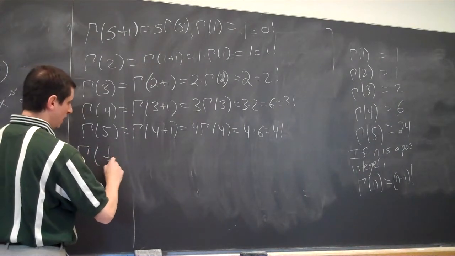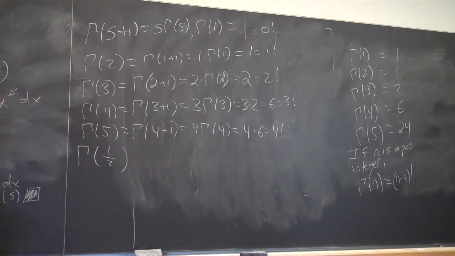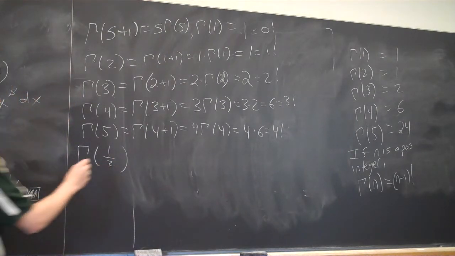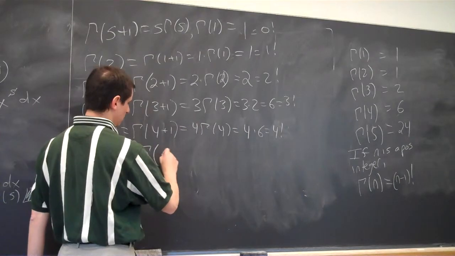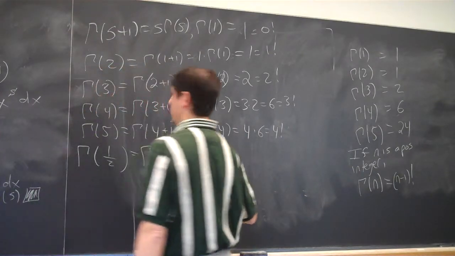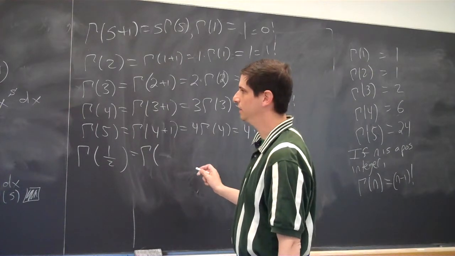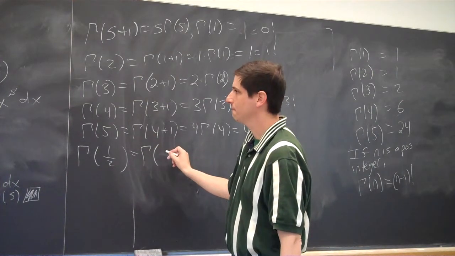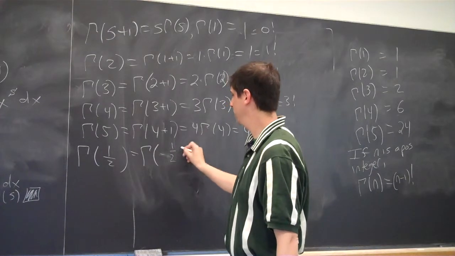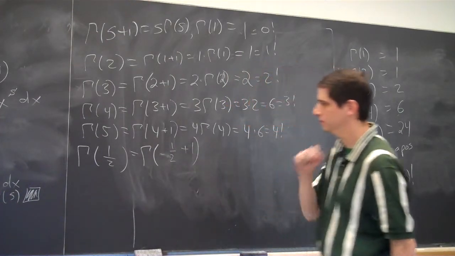So gamma of 1/2, how do I write gamma of 1/2? This is gamma of, I'm going to do it very carefully, negative 1/2 plus 1.